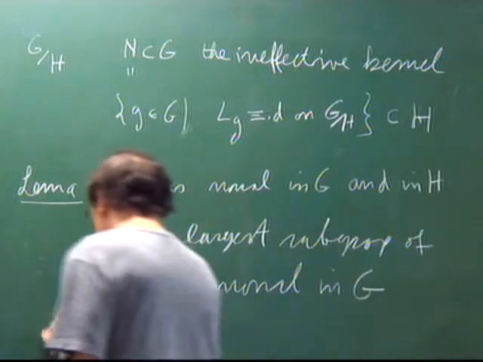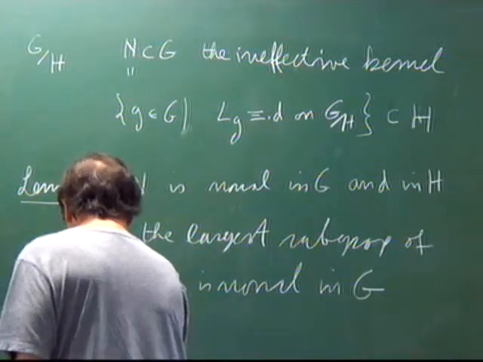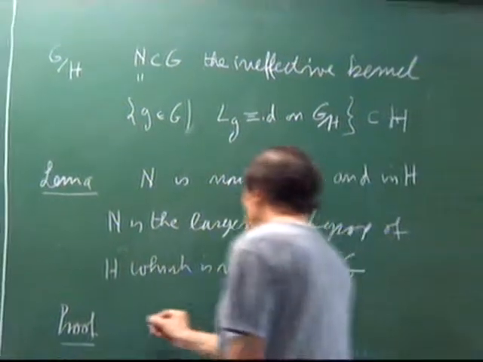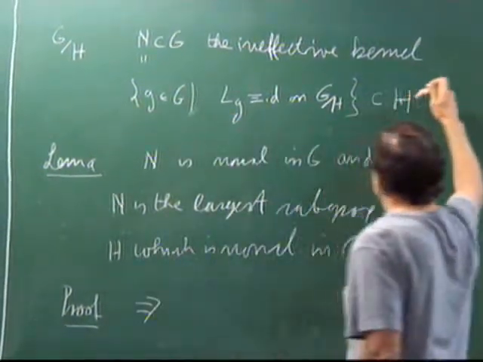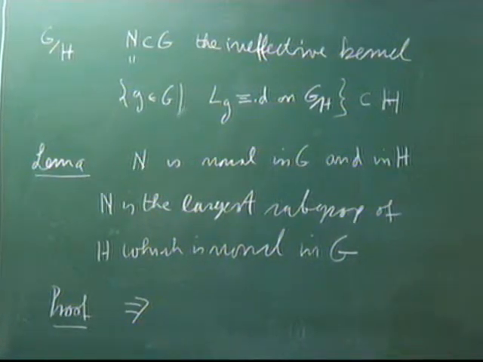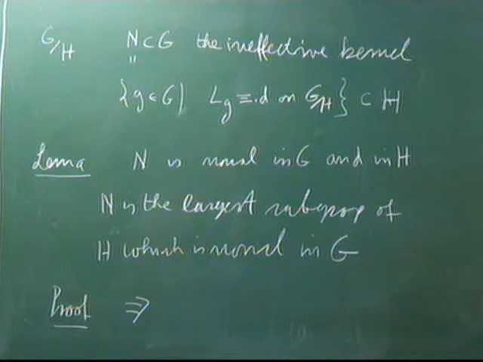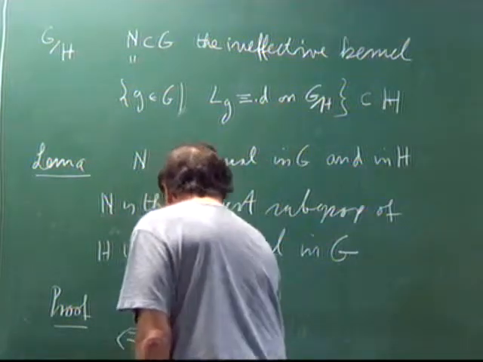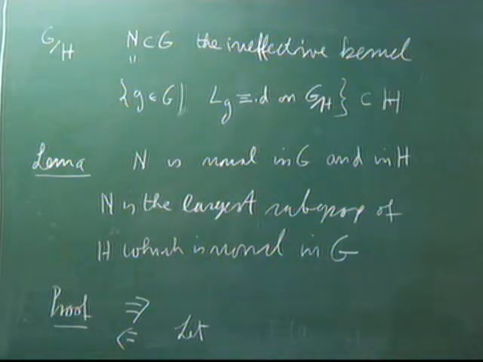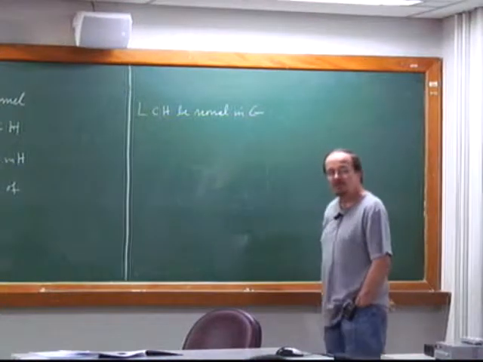So let's see, this is pretty easy. Certainly one direction is clear. N was normal in G because it's a kernel of an action, it sits inside H, and it was normal in G and H. So for the converse, let L inside H be normal in G. I have to show L acts trivially.